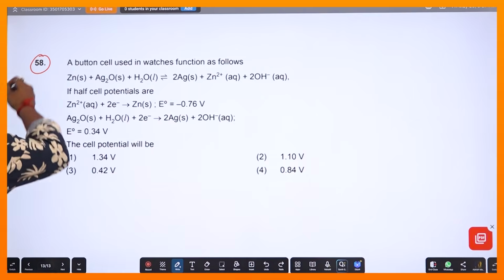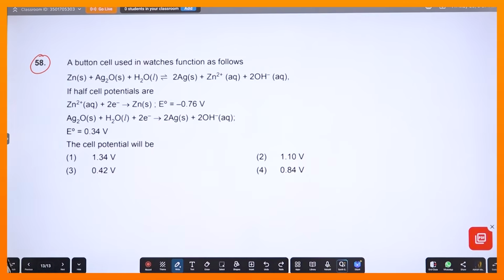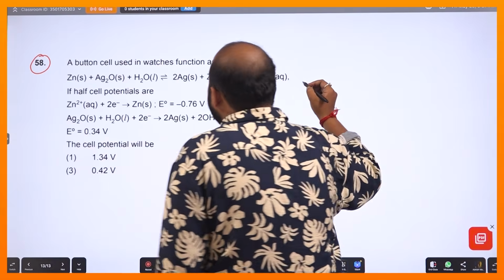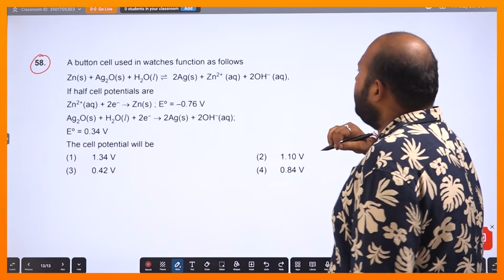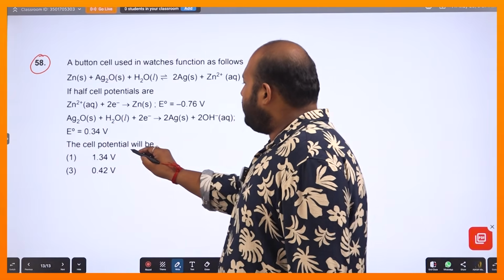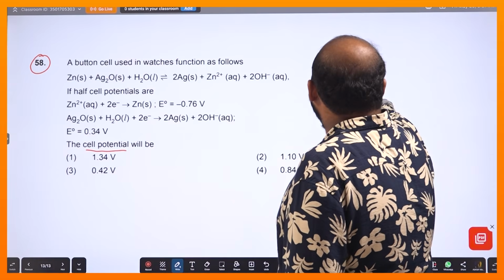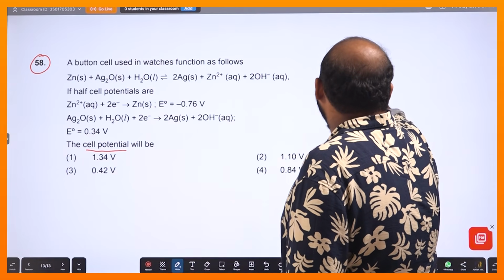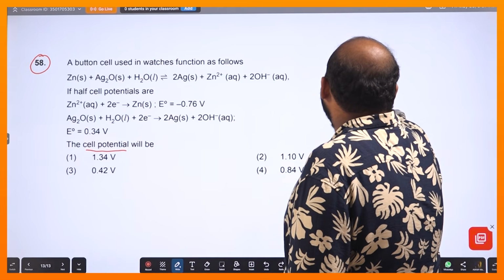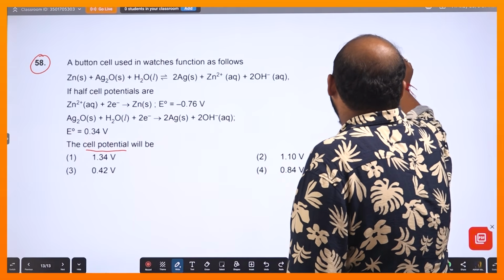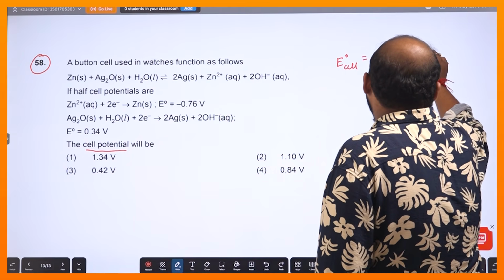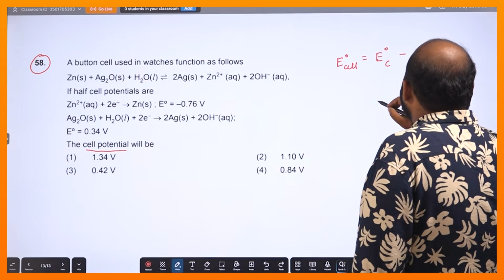This is also a very easy question. Simply you have to find out the cell potential, and we will be using the formula E naught cell equals E naught cathode minus E naught anode.